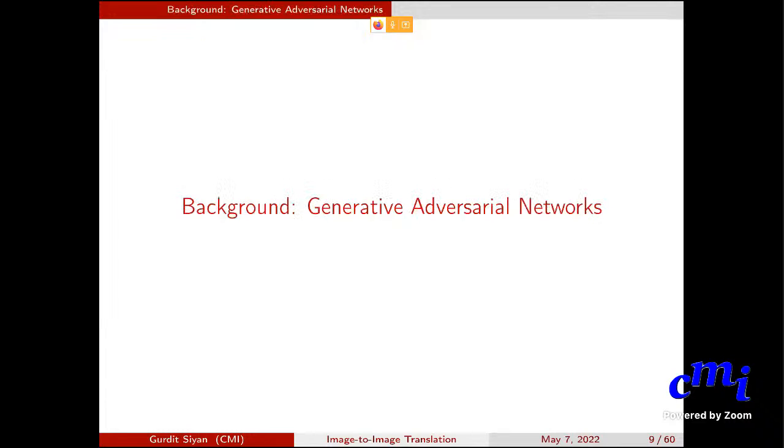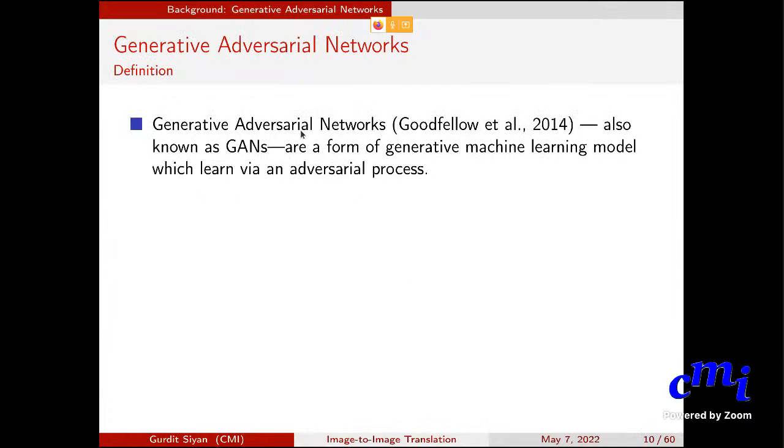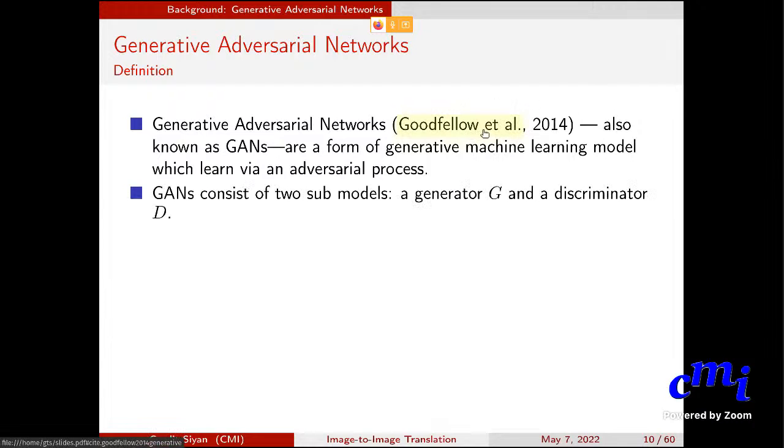So here's a quick recap of generative adversarial networks. GANs are a form of generative model which learns via an adversarial process. They were introduced in 2014 by Ian Goodfellow and others.